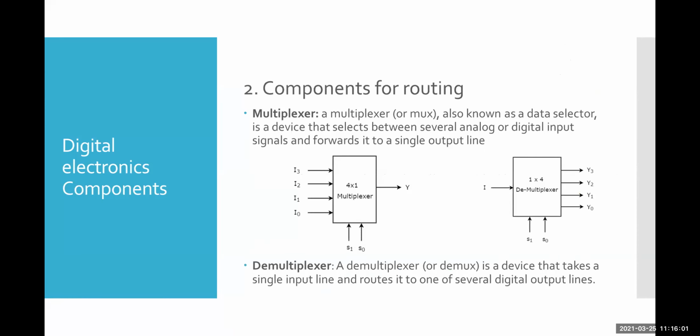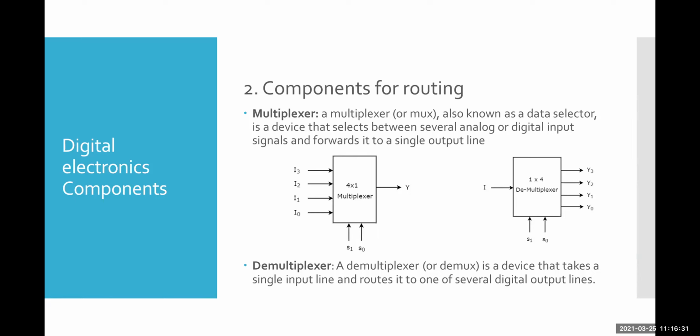And the second type is the components of routing. In the previous session I gave you the example of the modem. Suppose a service provider connection, like a LAN connection, is coming to your home, and you are routing it into multiple connections: your PC 1, laptop 2, PC 3. Using one LAN connection you are getting multiple outputs. That is called routing. The multiplexer and demultiplexer are the best examples of routing.